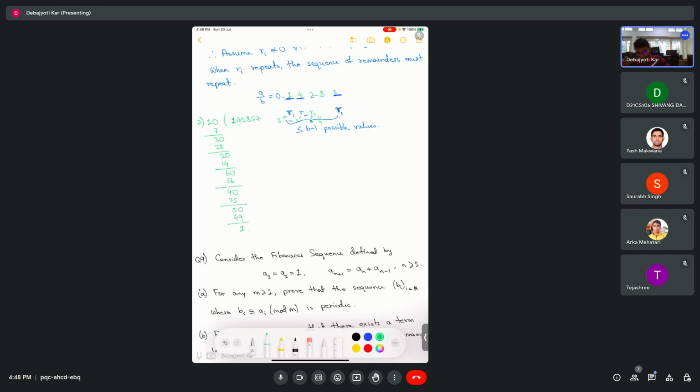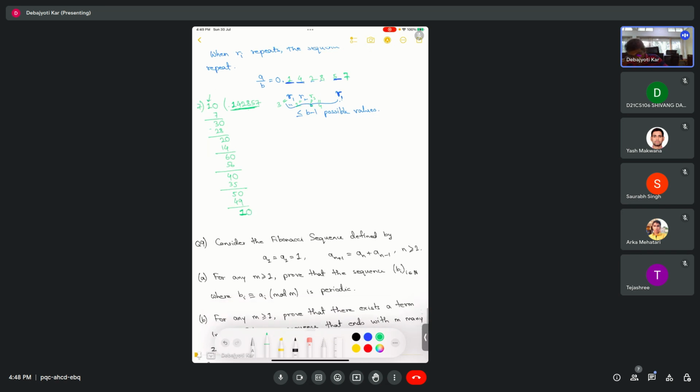Okay, so 1, sorry, 7. So here in the quotient we have 0.142857, but then this remainder is repeating. Initially we had 10, and now again we have 10. So what will be the next term in the quotient? It has to be again the same thing.